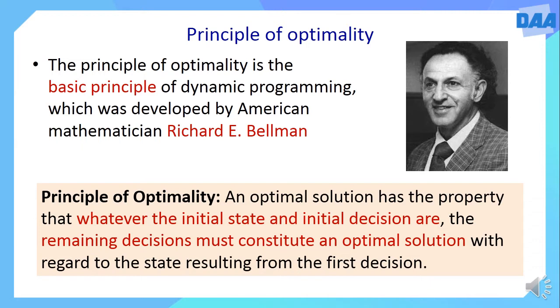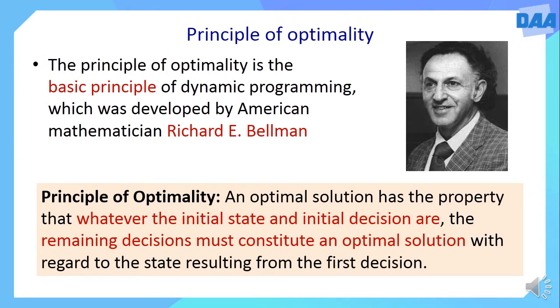The principle of optimality states that an optimal solution has the property that whatever the initial state or initial decisions are, the remaining decisions must constitute an optimal solution with regard to the state resulting from the first decision.